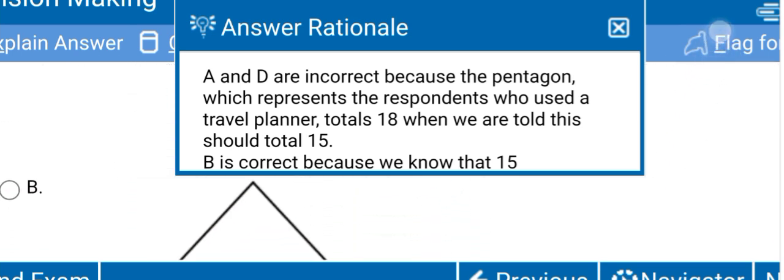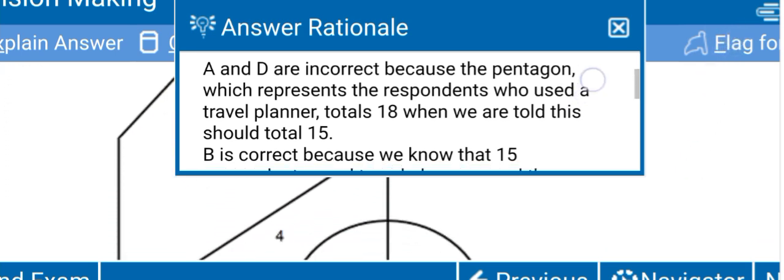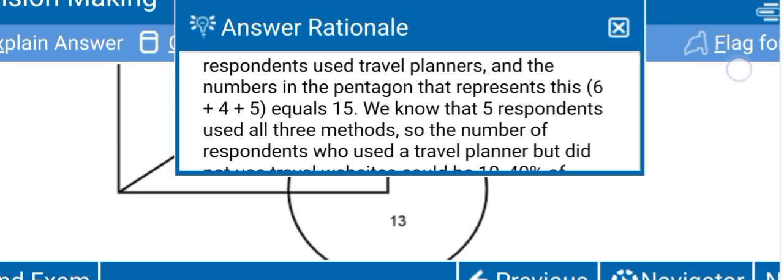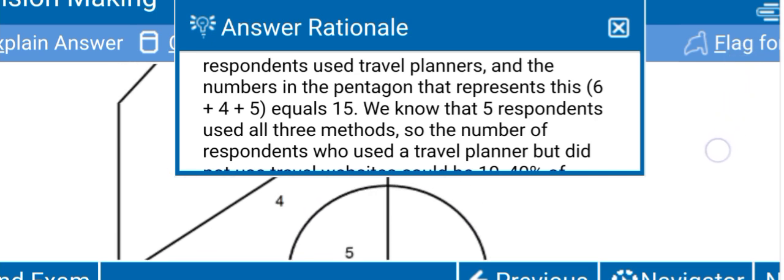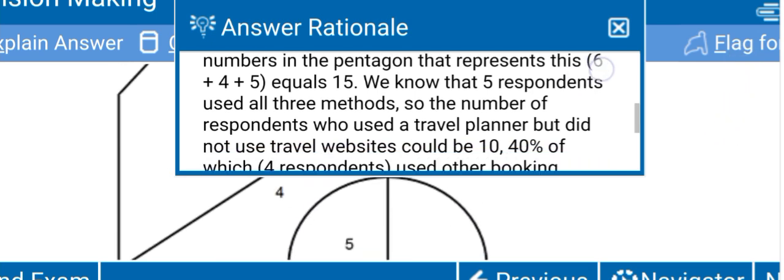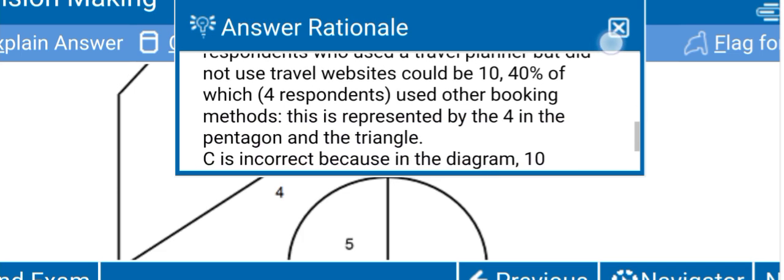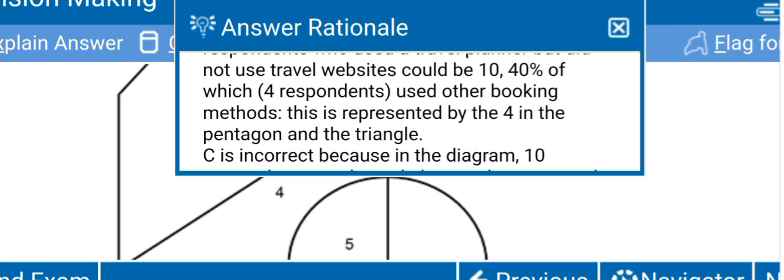B is correct because we know that 15 respondents used travel planners and 5 respondents used all three methods, so the number of respondents who used a travel planner but did not use travel websites is 10, 40% of which used other booking methods. This is represented by the 4 in the pentagon and the triangle.